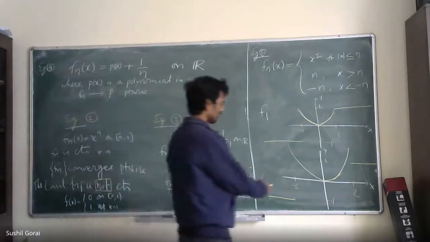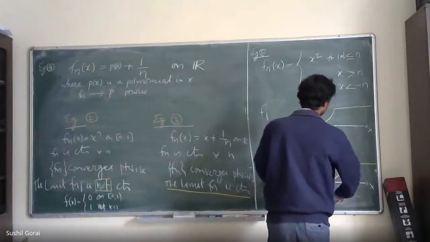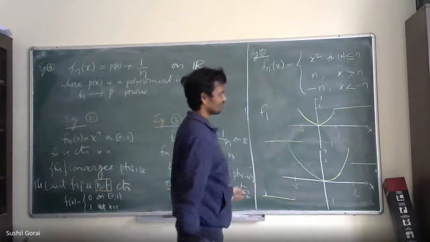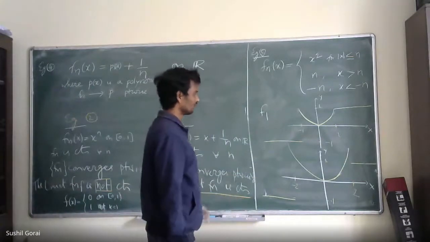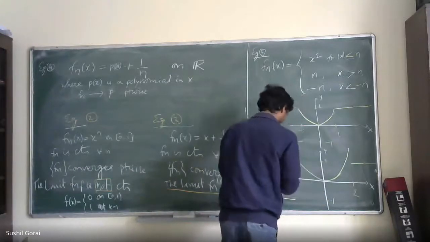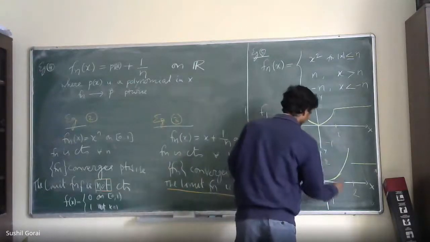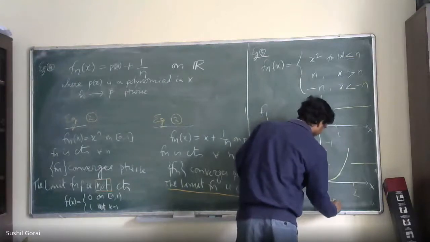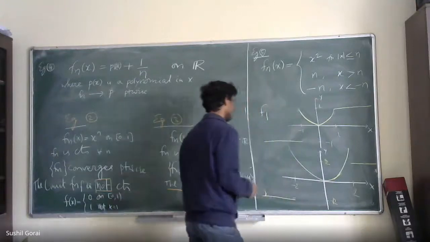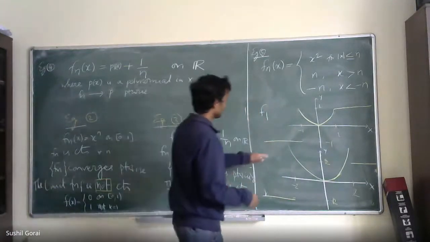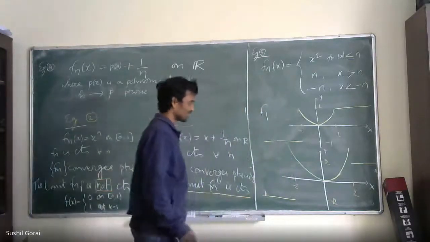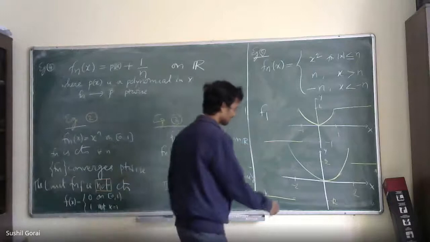And as you move to minus 3 to 3, it will be y equal to x squared from minus 3 to 3. Oh no, this is n, so it will be 2 here and minus 2 here. Yeah, now it makes sense. I was thinking, if this is 1, how can this be 4? Now this seems good.